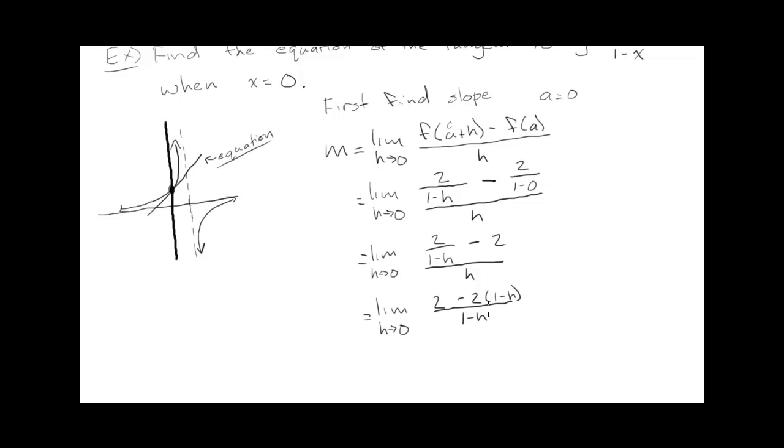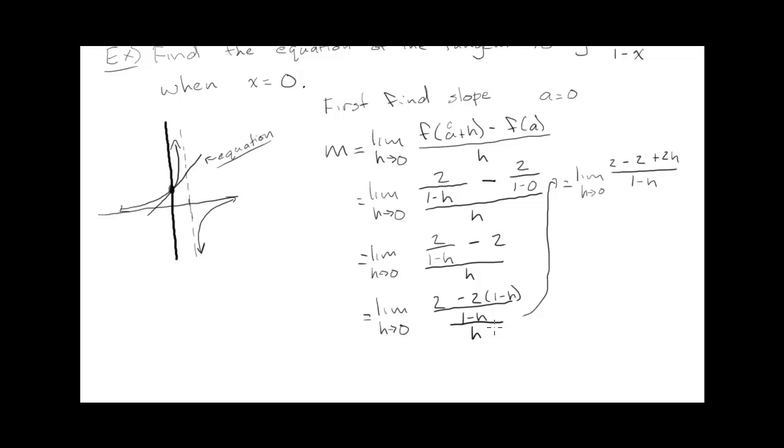So that's the common denominator on the top, so I just need to multiply 2 by 1 minus h, and then that's all over h. Expand the numerator of the numerator, so 2 minus 2 plus 2h, all over 1 minus h.